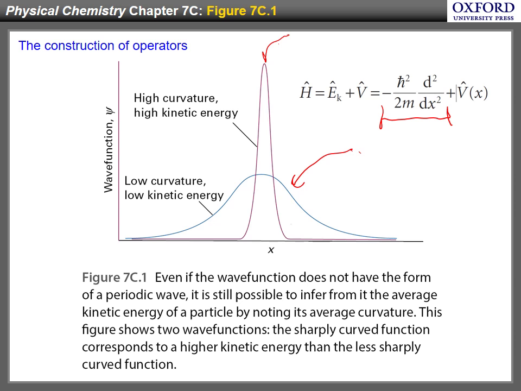But in general, de Broglie predicts a short wavelength when the linear momentum is high. Short wavelength, linear momentum is high, high energy.